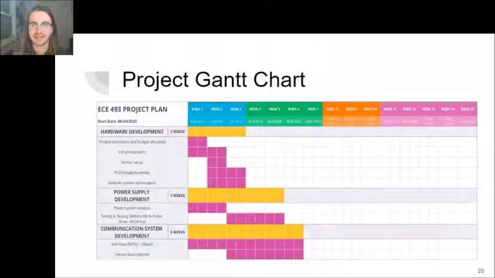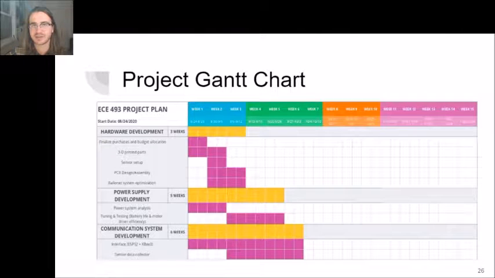On our Gantt chart, you can see us pretty quickly getting the parts together, making sure they work, developing the power supply, making sure we have the correct endurance, and that we can communicate effectively to empower the software team to implement whatever they have concocted.